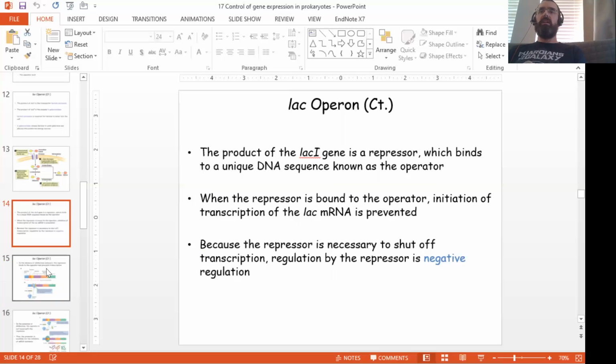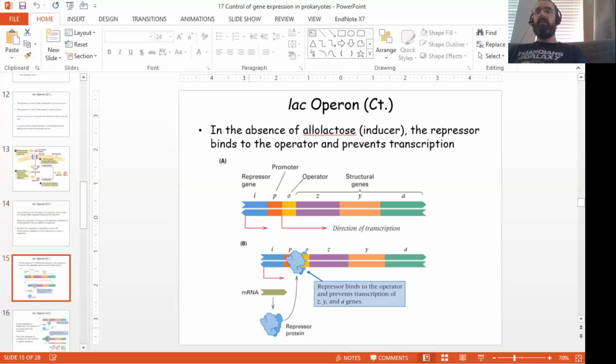So essentially, the LAC-I protein, which is shown here, actually attached, contiguous with the LAC operon, will bind the operator and stop transcription, right? This occurs in the absence of lactose.